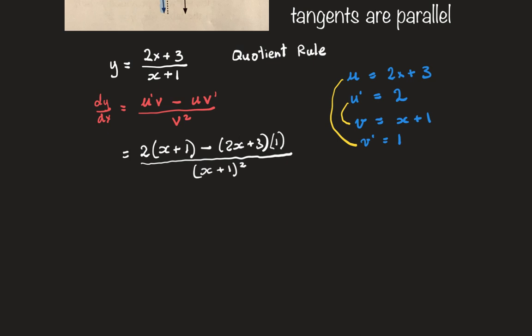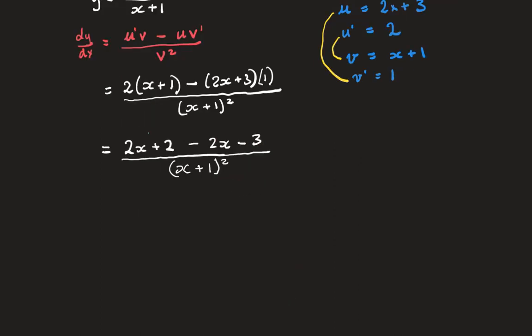And it would be nice to simplify the numerator. Be careful at this stage to make sure that that minus sign here is distributed in these brackets. The 2x and the 2x will cancel, and 2 minus 3 becomes -1, over (x + 1) all squared.